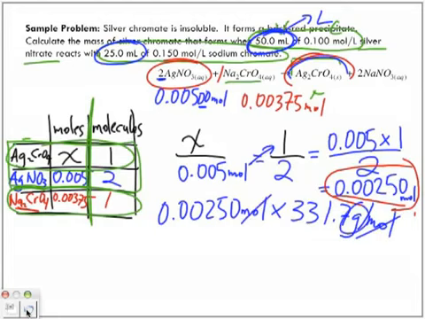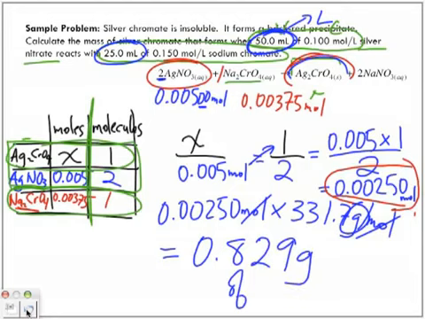Moles cancel out, I'm left with just grams, and when I multiply those two together, my answer comes out to 0.829 grams of the silver chromate.